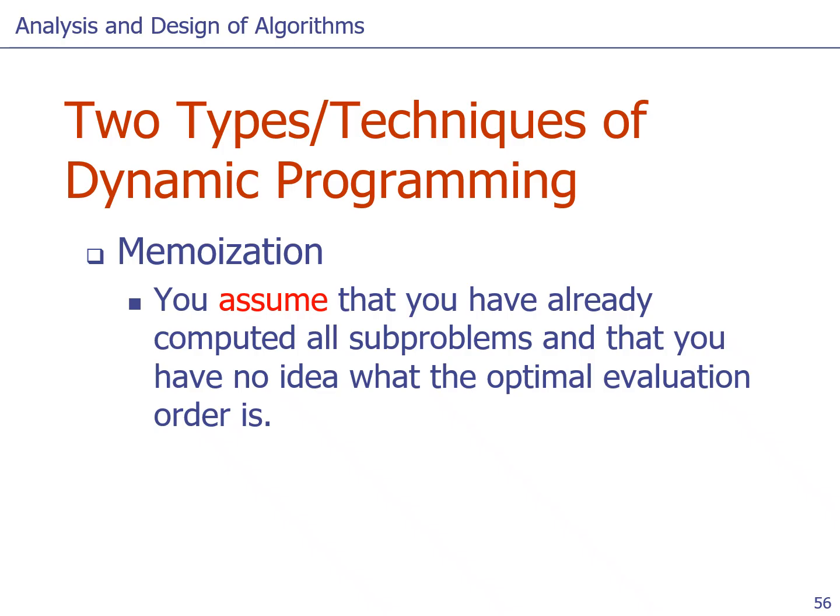Now, after I'm done, I have to figure out somehow what the optimal solution is. So I could typically scan through my results to figure out what the optimal solution is. Unlike tabulation, where you know the optimal solution is going to be at the far right bottom of the table, here this is not necessarily the case.